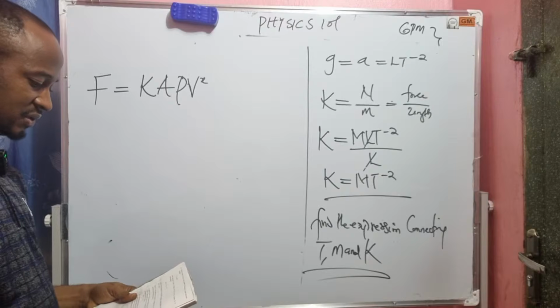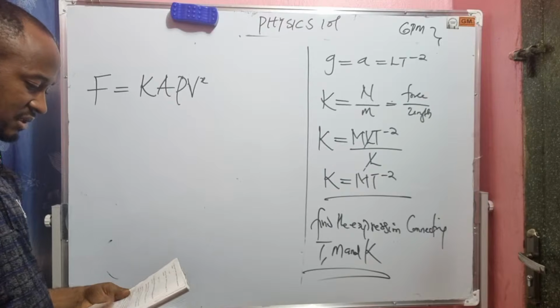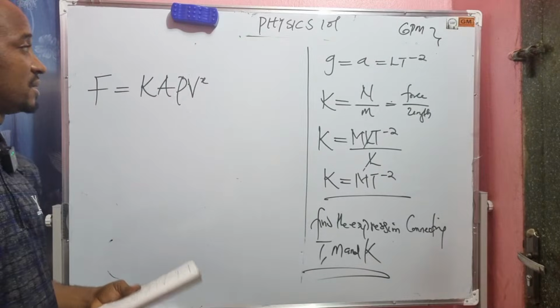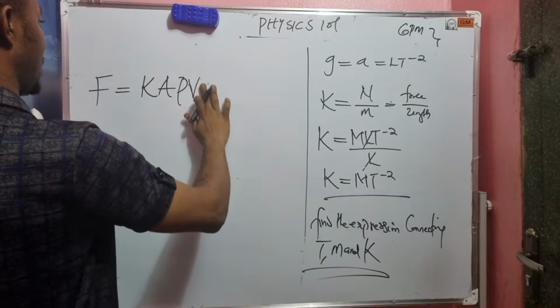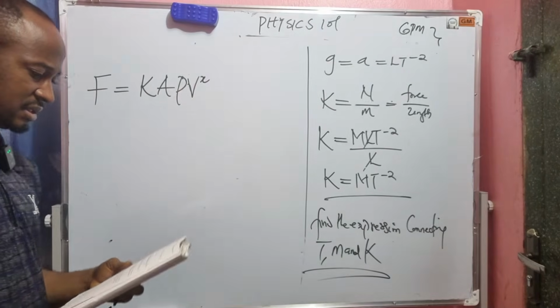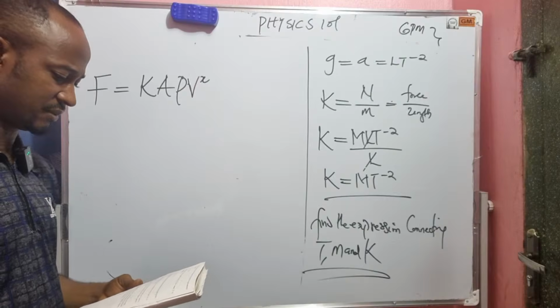Then we have to deduce the value of x. Our v here represents speed, don't forget, but the power of our v is simply x. This is how the equation came.